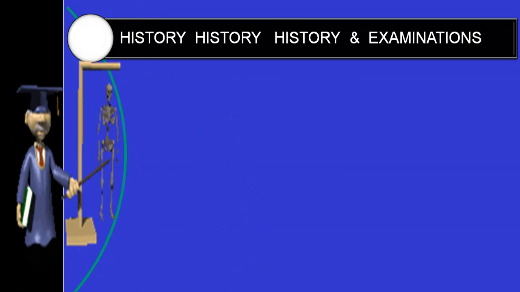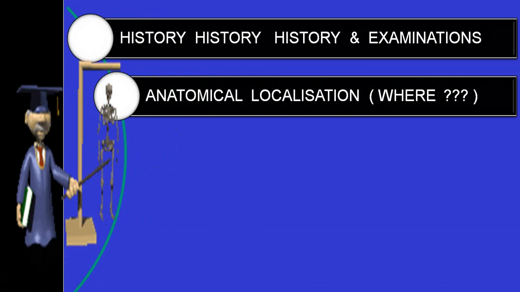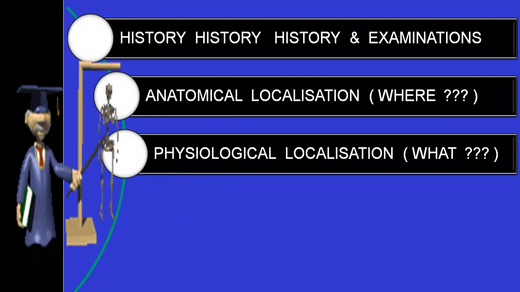Again, history is very important, followed by physical examination. Then we have to localize where the lesion is, the anatomical lesion, and which part of the nervous system, either cerebral hemisphere, pyramidal tract, or extrapyramidal tract.